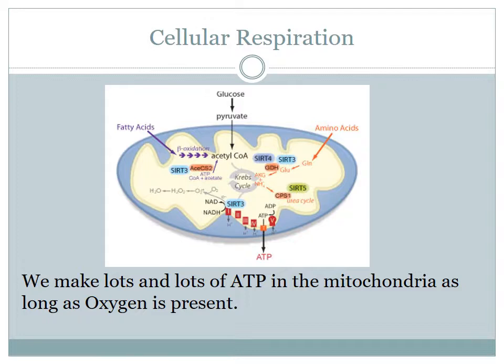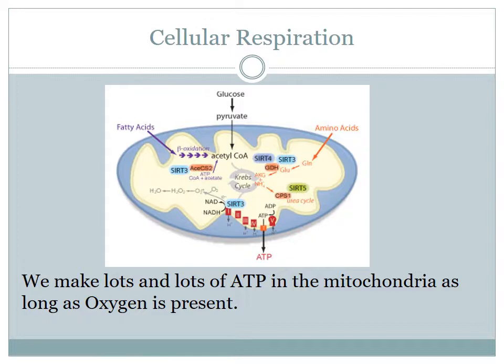Embedded in that inner membrane, you have these electron-accepting complexes. You're producing a whole bunch of energy intermediaries that then go to these complexes and drop off their electrons. They're like little dump trucks filled with electrons. They drive up, and they're like, here are these energetic electrons. Those electrons start to do work.